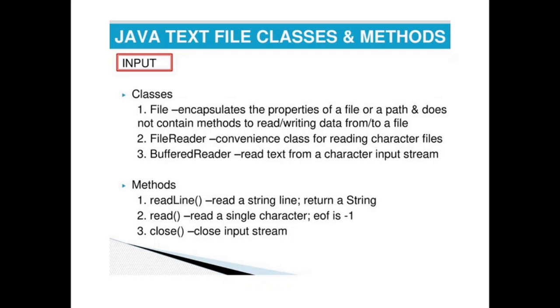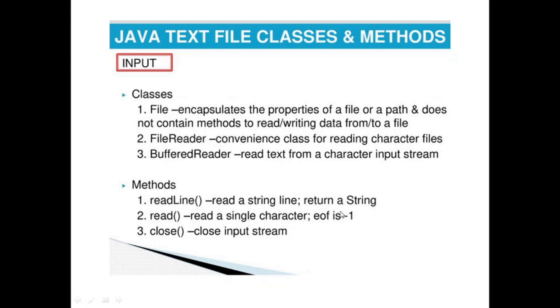Then there is a read function that reads a single character. So you can very easily grasp what we can do for reading a whole file. We can either use the readLine function in a loop, or we can use the read function in a loop until EOF is equal to -1. EOF means end of file.